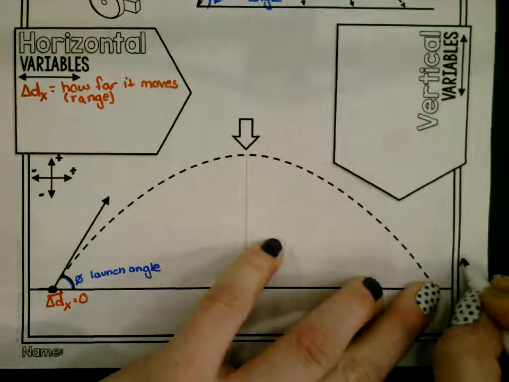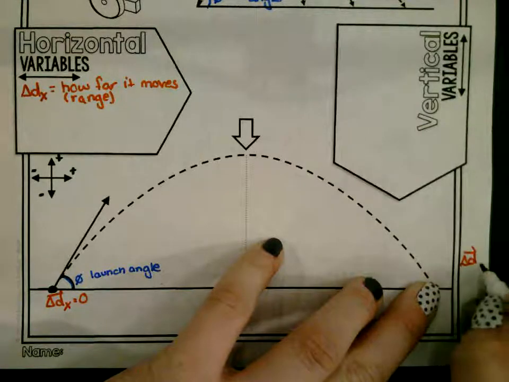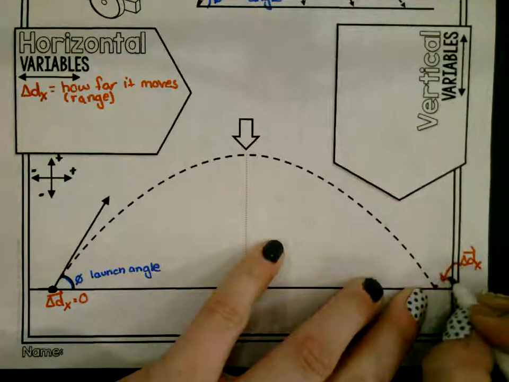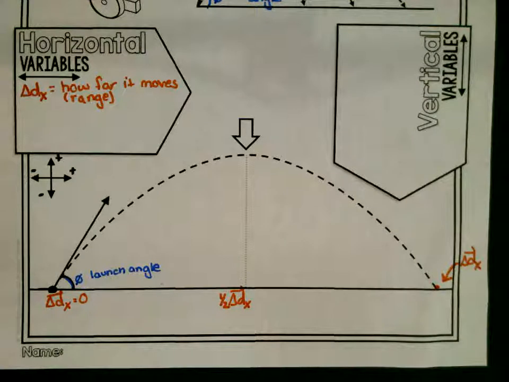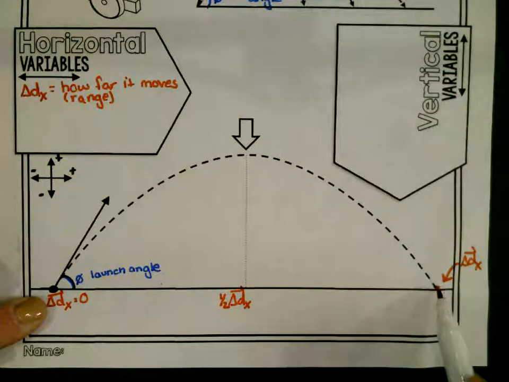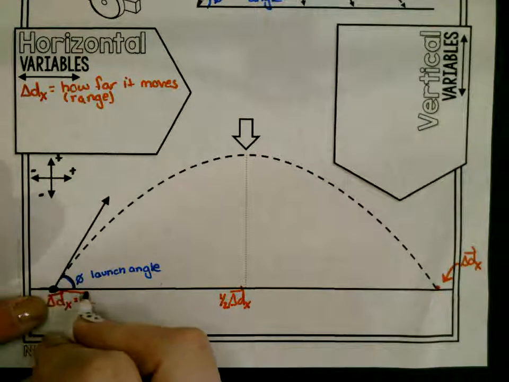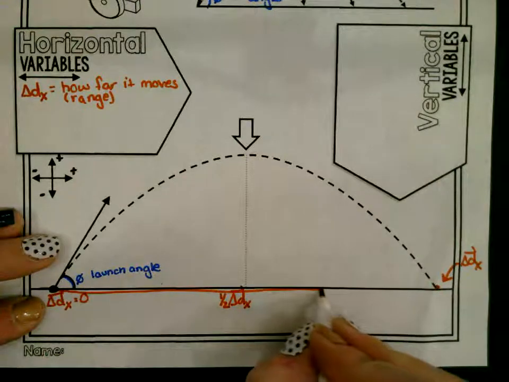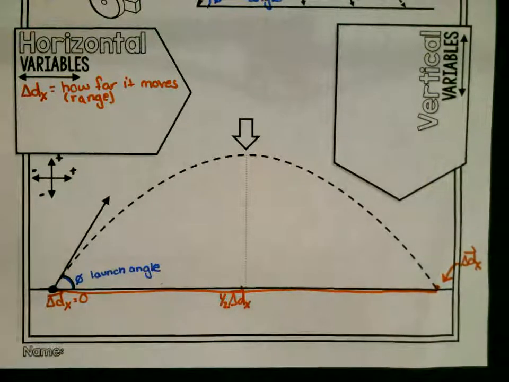So this point where it lands is going to be our final, or our total displacement of x, and that's right here. That's our range, or how far it goes. So if you're looking at an entire range, or an entire displacement on the x-axis, you're looking at where it starts and where it finishes, or this entire bottom.